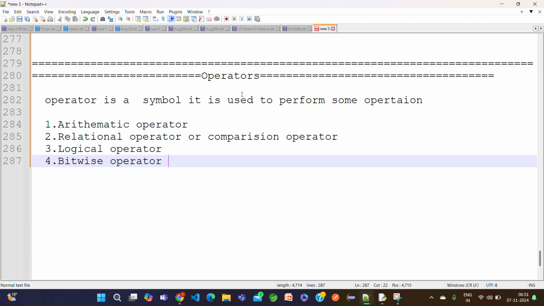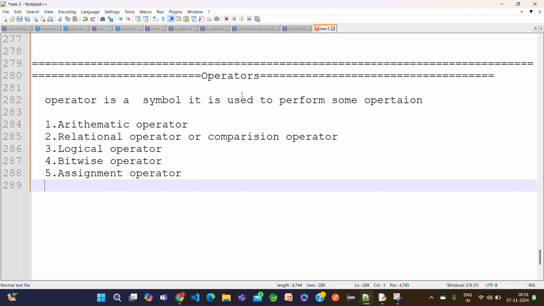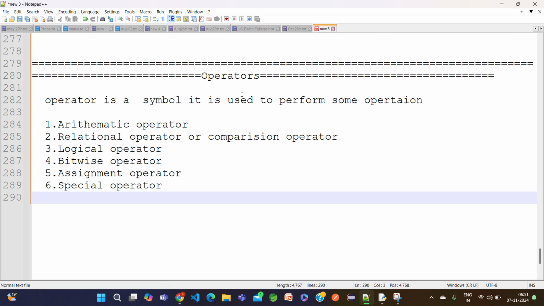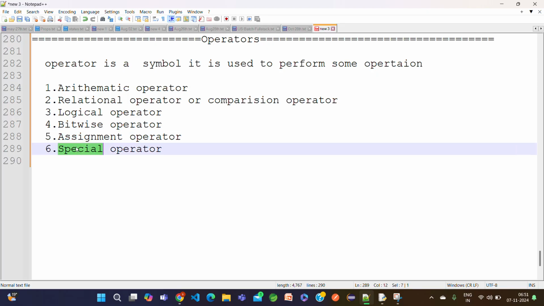Fifth, assignment operator. Sixth, special operators. These are the types of operators we have in Python: arithmetic, relational, logical, bitwise, assignment, and special operators.